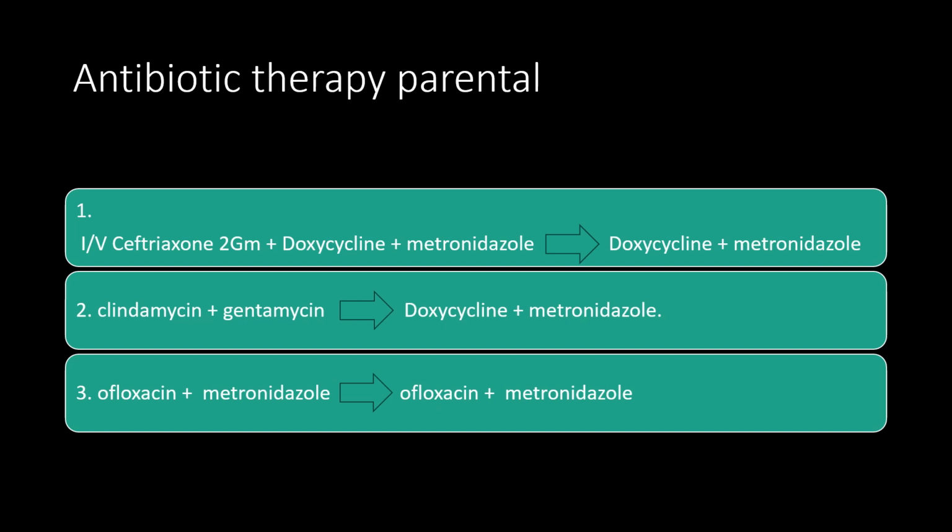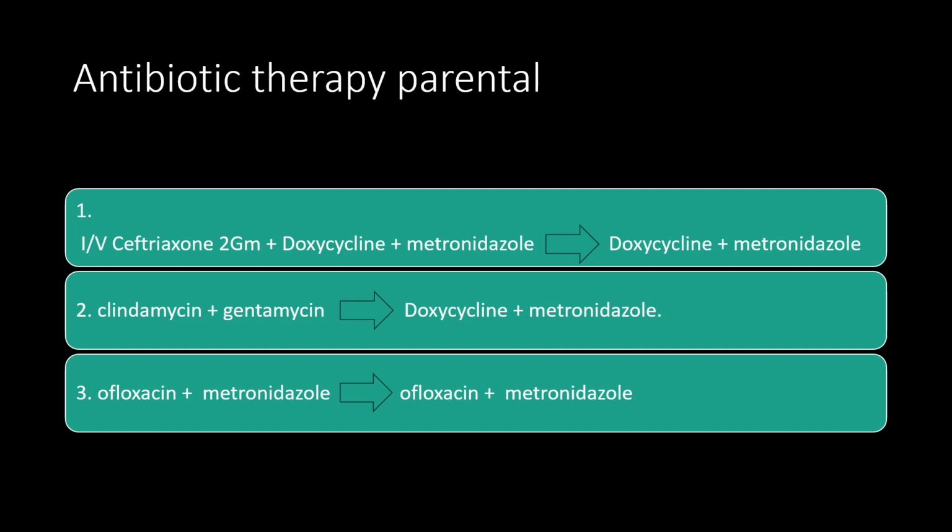And these regimes are most commonly 3. First is initially offering intravenous ceftriaxone 2 gram along with intravenous doxycycline and intravenous metronidazole till the patient becomes symptom free, followed by doxycycline and metronidazole as I have discussed previously.